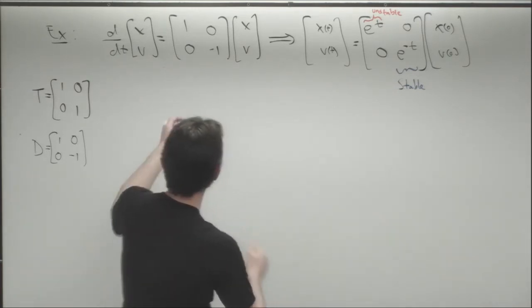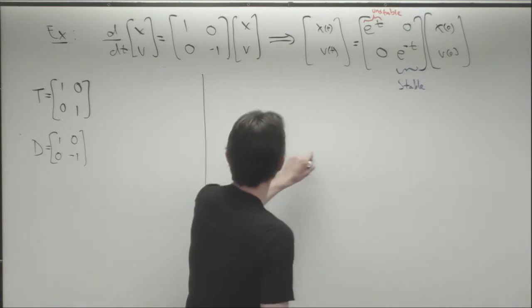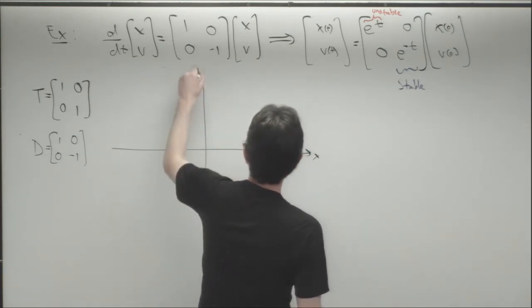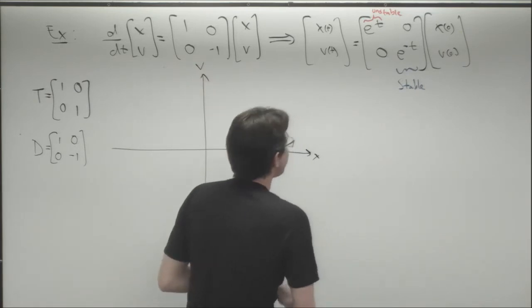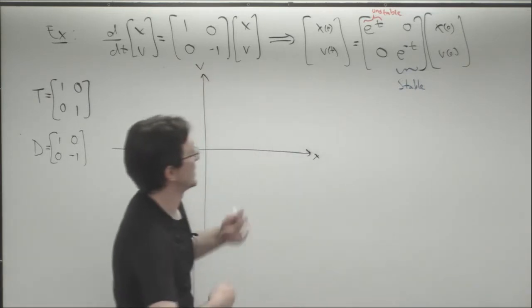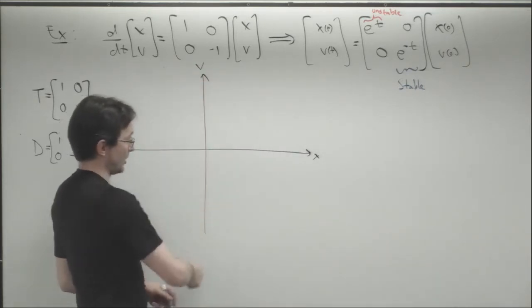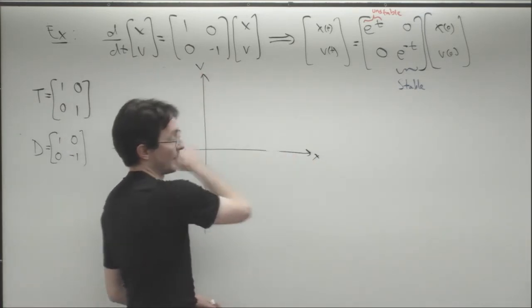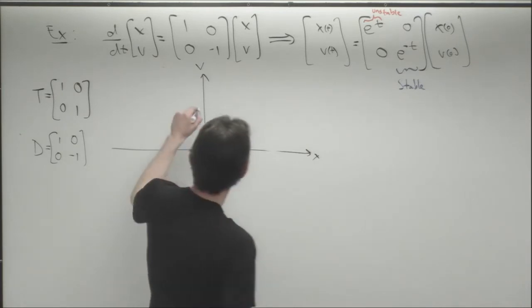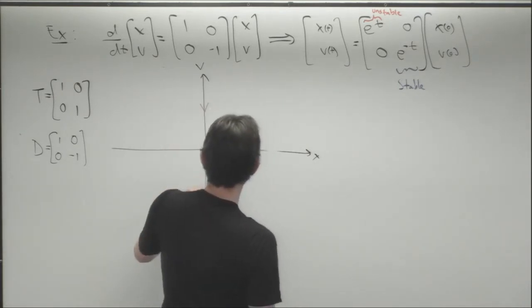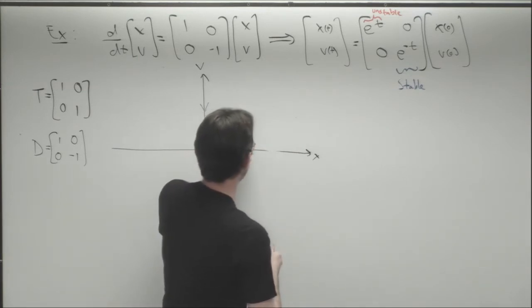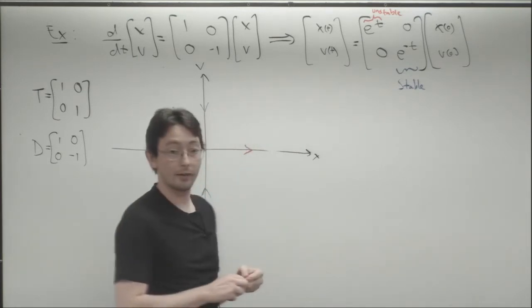So I can draw my phase portrait just like before. Okay, so this is x and v, except now the v direction is my second eigenvector, and my x direction is my first eigenvector, and it's stable in v, and it's unstable in x.